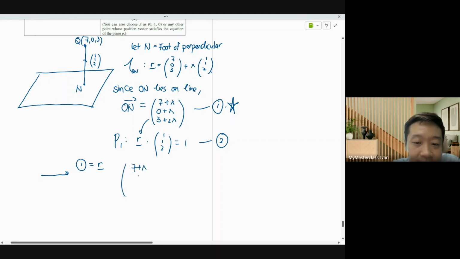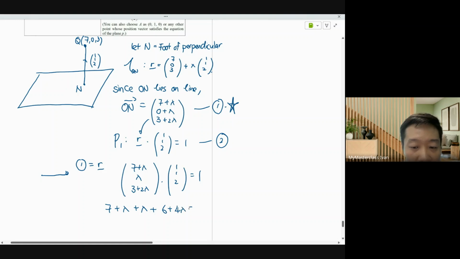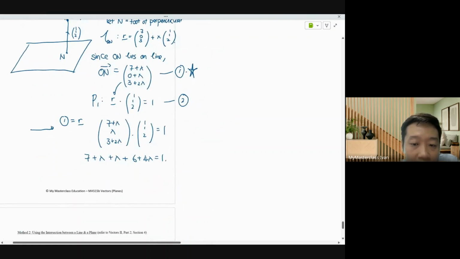7 plus lambda, lambda, 3 plus 2 lambda dot 1, 1, 2 equals 1. So I have 7 plus lambda plus 6 plus 4 lambda equals 1. Six lambda equals negative 12. Lambda equals negative 2. Now you substitute into 1.